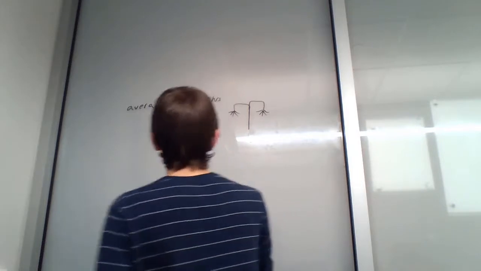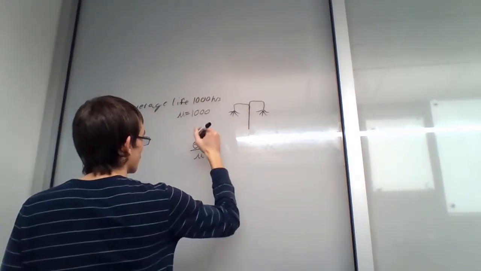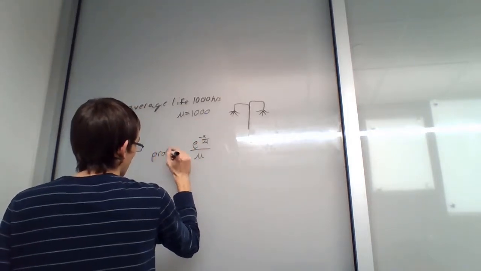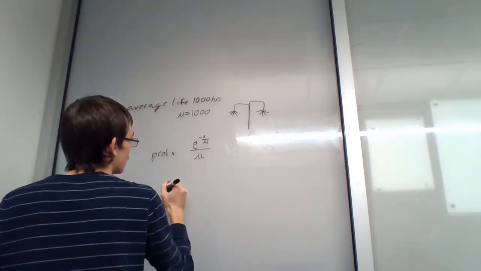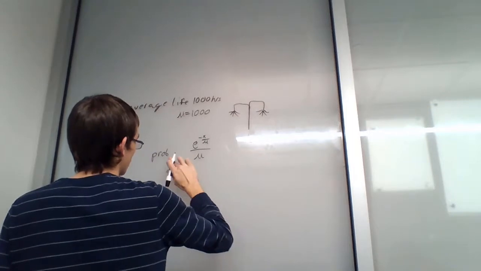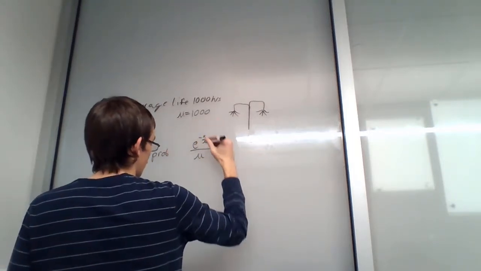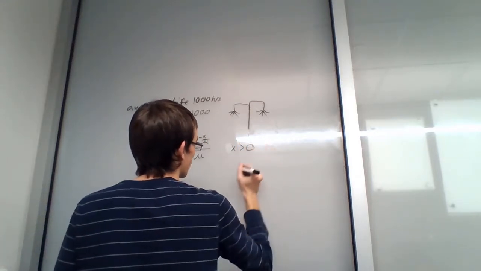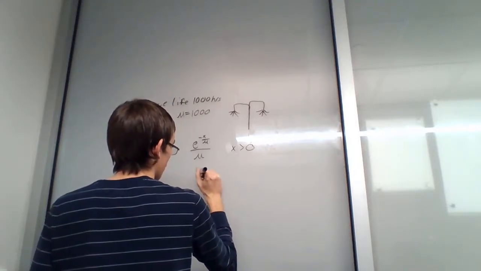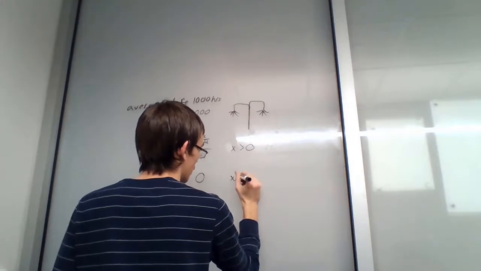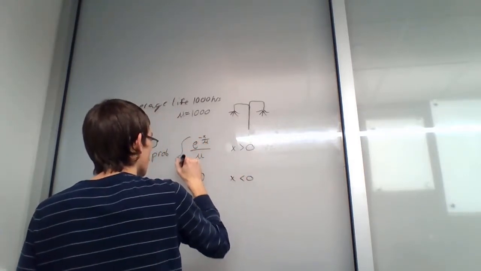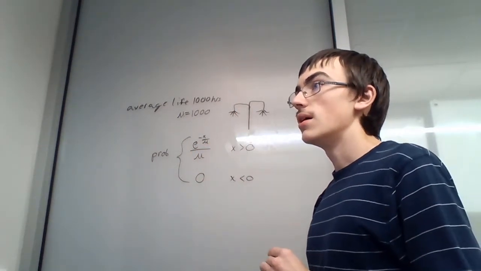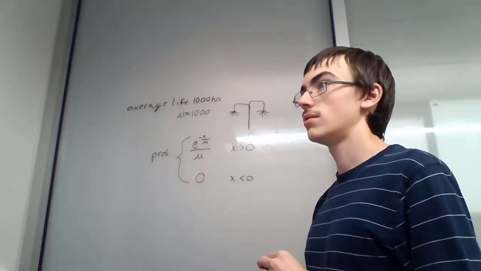So we can say that the probability of bulb X blowing out, or the probability of one bulb blowing out, is this for X greater than 0 and is 0 for X less than 0, as a piecewise function.